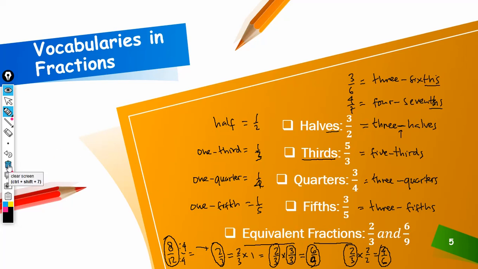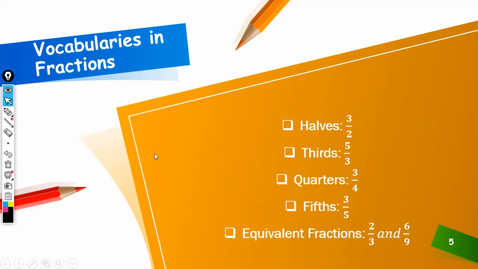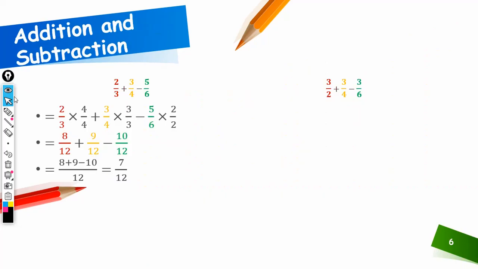Okay, next, addition and subtraction in fractions. Let's see the example. I think you already learned about addition and subtraction. The first thing we need to do is make the denominators the same.